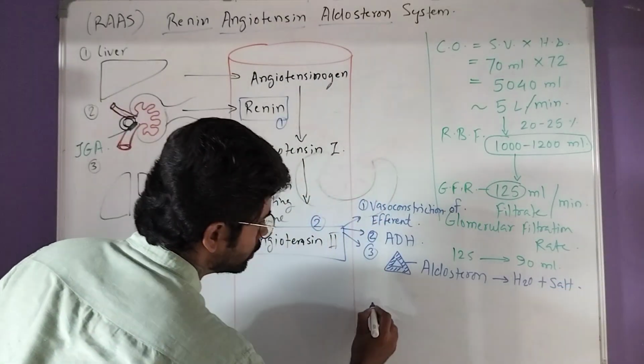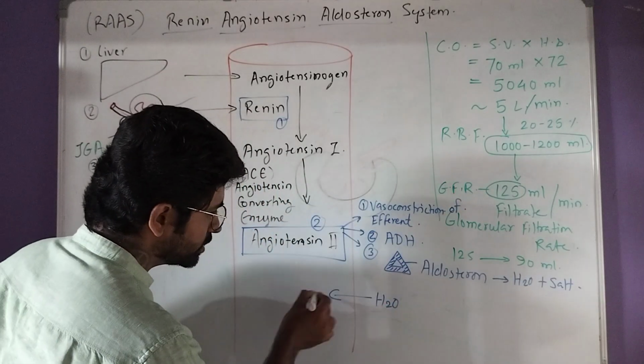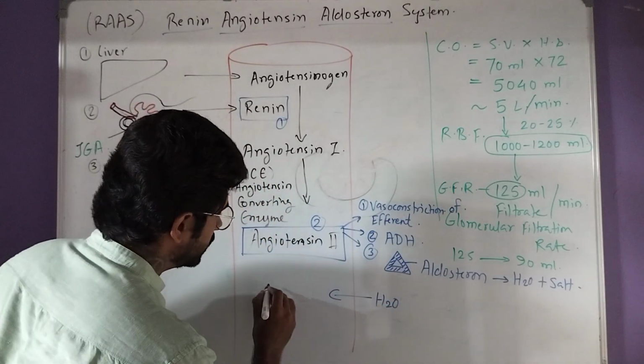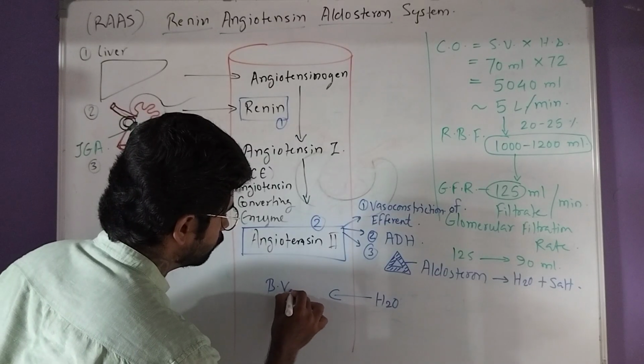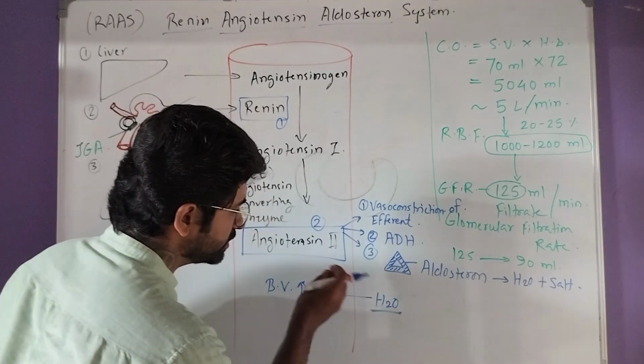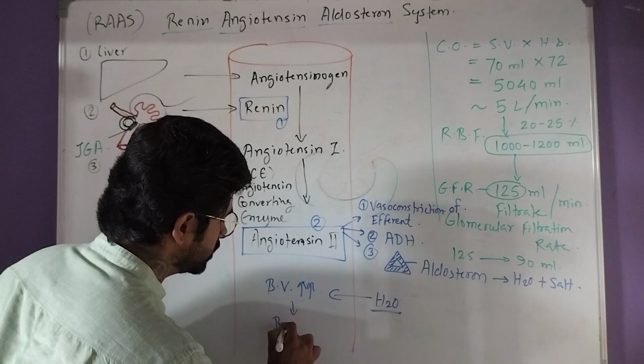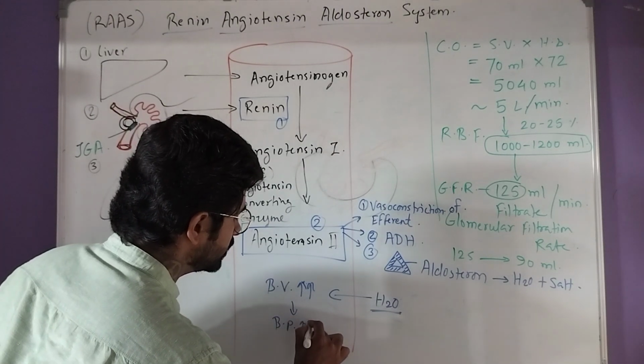Now suppose water is getting reabsorbed into the circulatory system, then blood volume will increase because water is entering the blood. Blood volume increases, that's why blood pressure also increases.